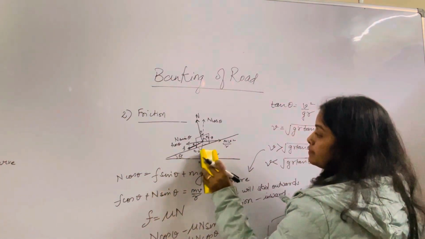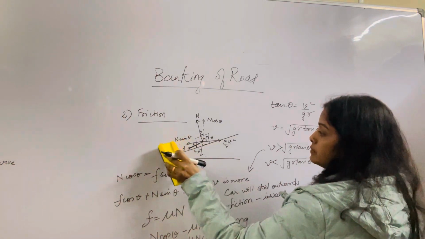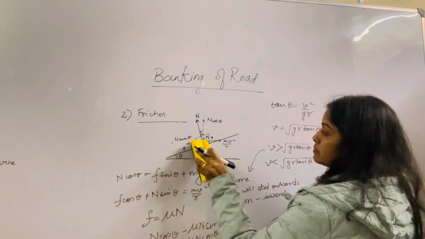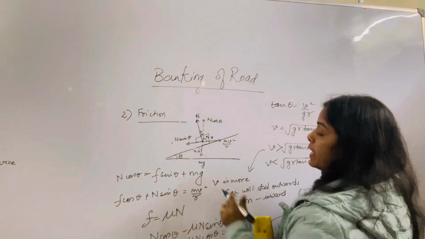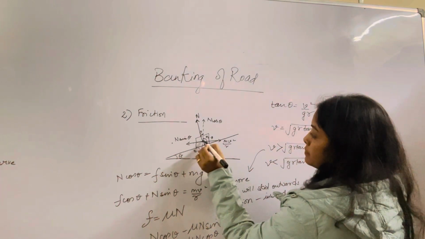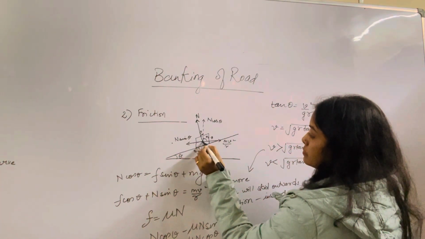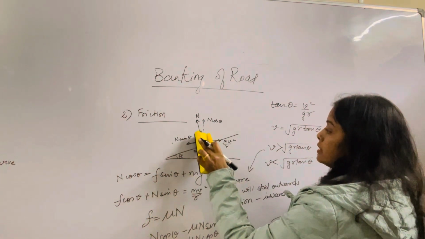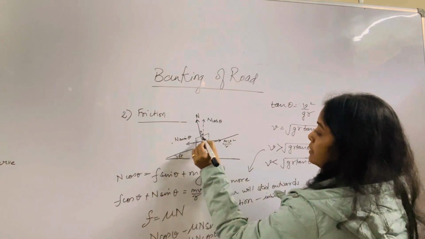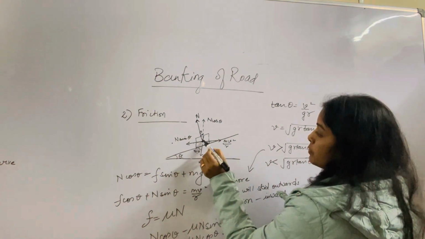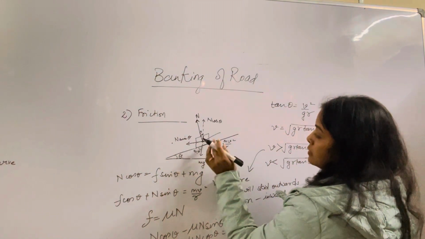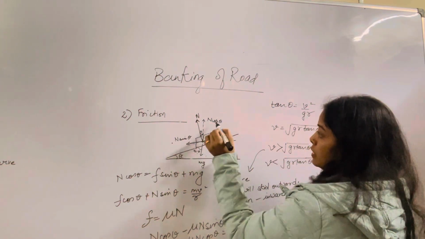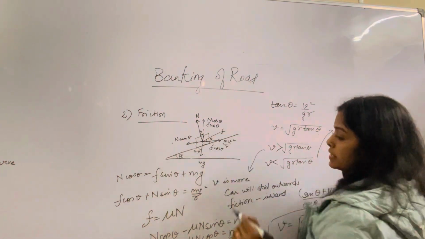So in this case, friction will act in the outward direction, because the car is skidding inward, as velocity is less. Suppose it makes angle theta. Here we have f cos theta, and here we have f sin theta.